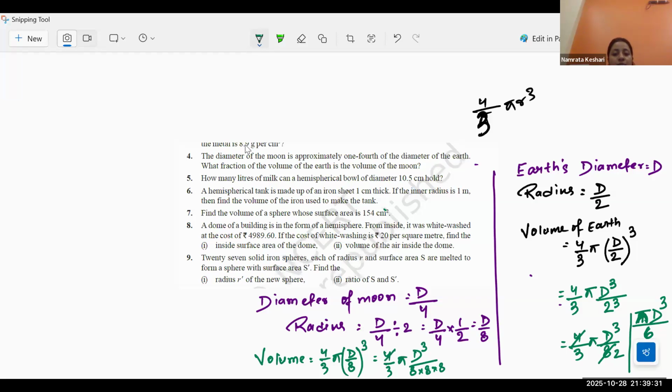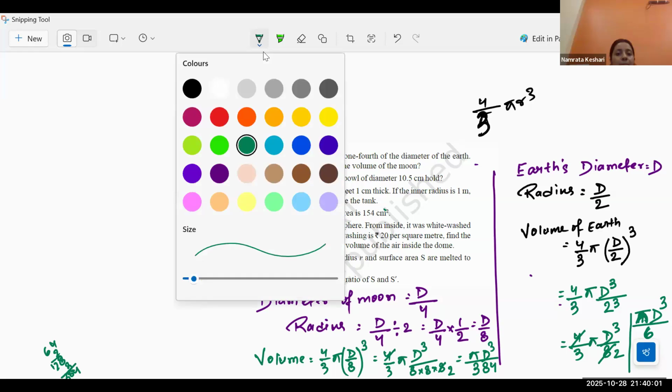So you are having pi d cube over, you can multiply all of them: 8 times 8 is 64, 64 into 2 is 128, and 128 into 3 is 384. So volume over there and volume over here. Any confusion so far? No, ma'am.